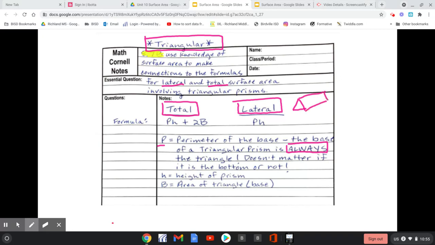Like that's your prism. This is always your base. The triangle is always your base. The height is the height of the prism. So if they draw it this way, the height is always that part right there. Capital B, that is the area of the base, which is your triangle, and we will not mess with that because we are only doing lateral.